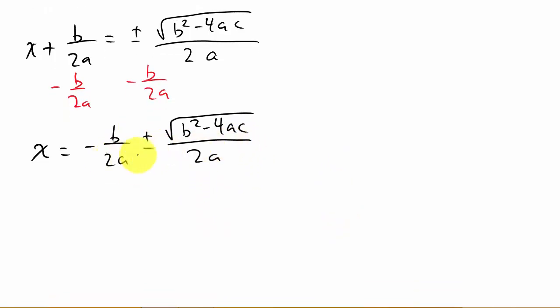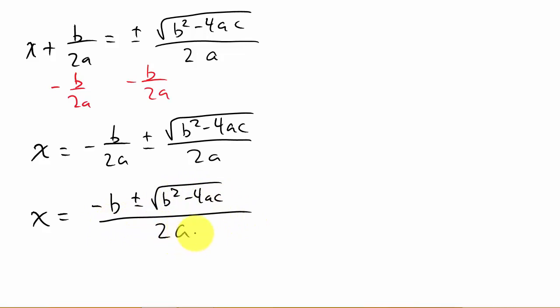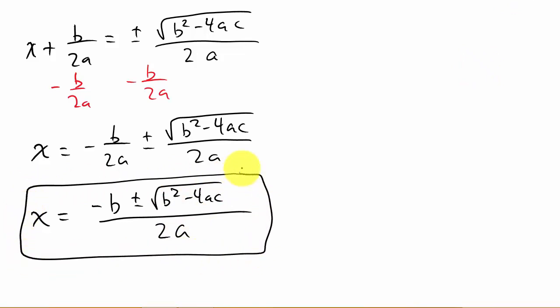And then I combine the numerators by putting them over the common denominator. And that's all over 2a. So here's the quadratic formula.